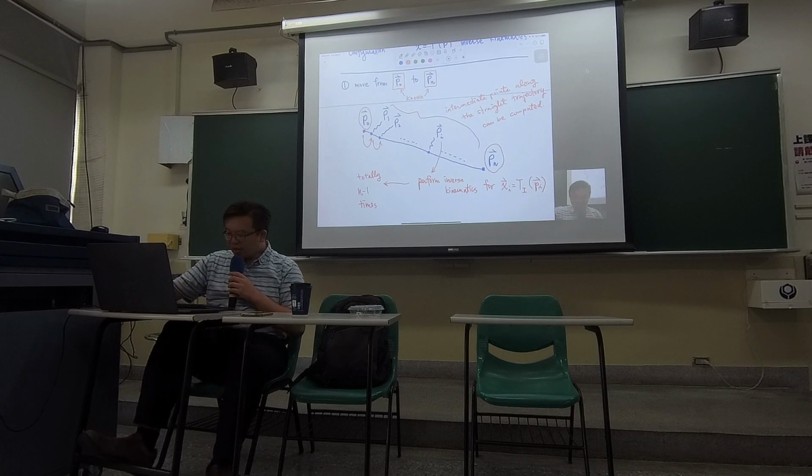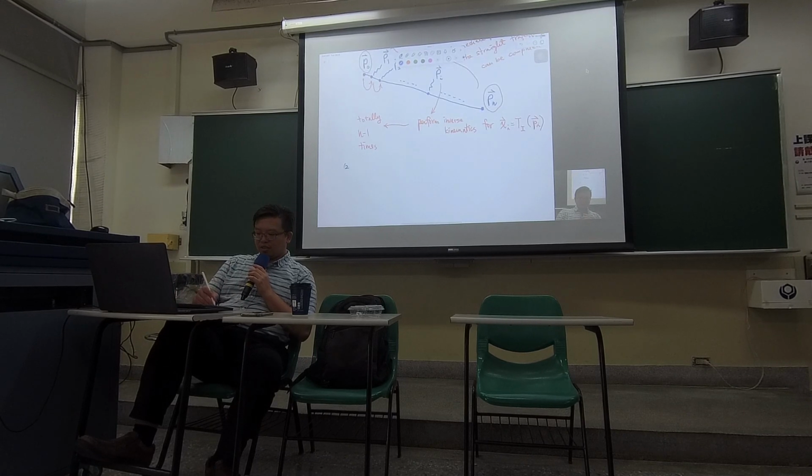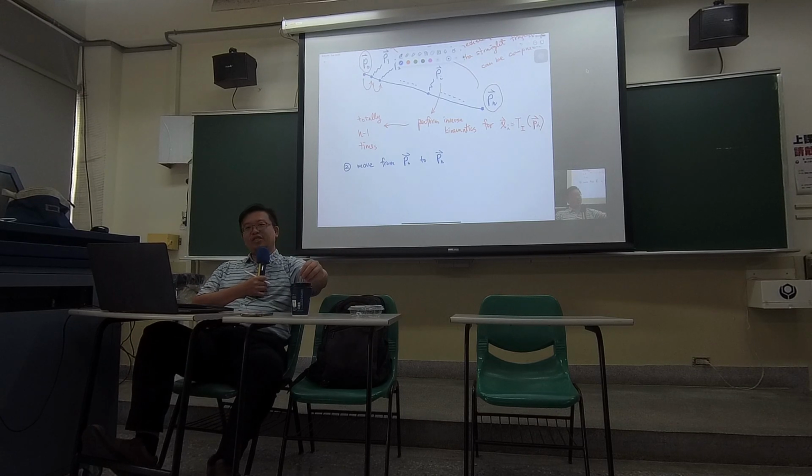Now, let's think about a different way that could be more effective. So, again, I want to move from P0 to Pn. But in fact, this time, I don't mind if you are not moving straight. Just move the way you like. As long as you reach Pn, I'm okay with it.